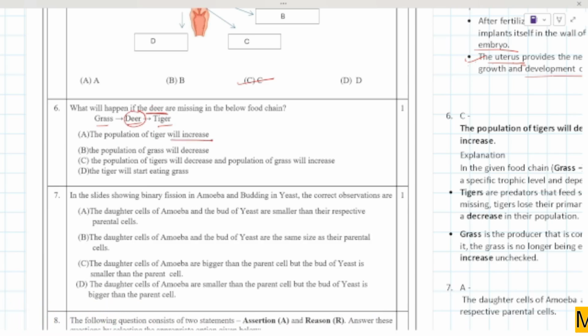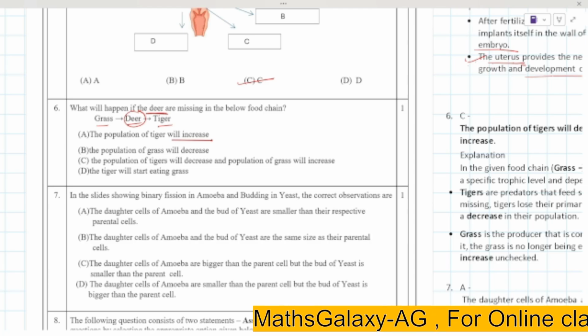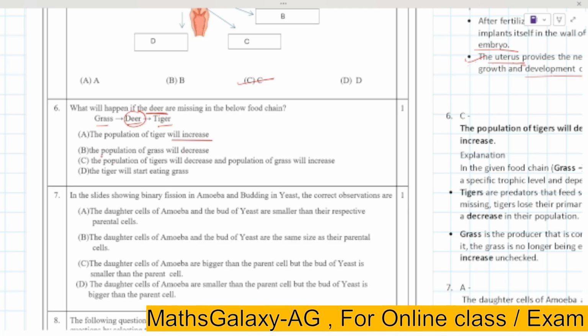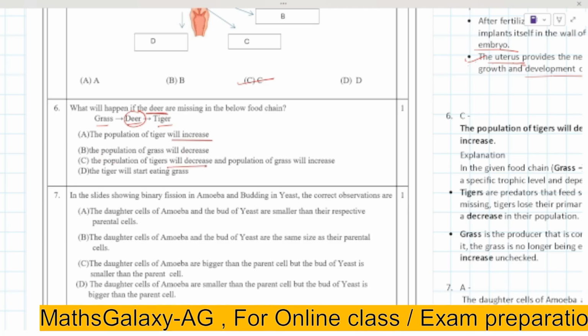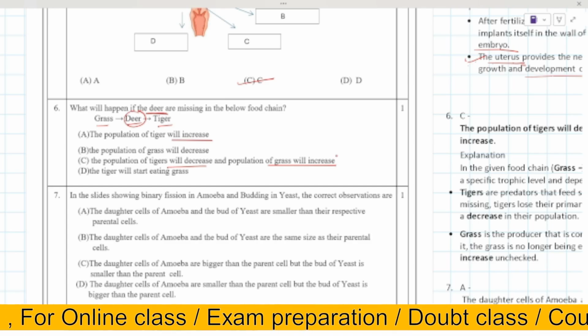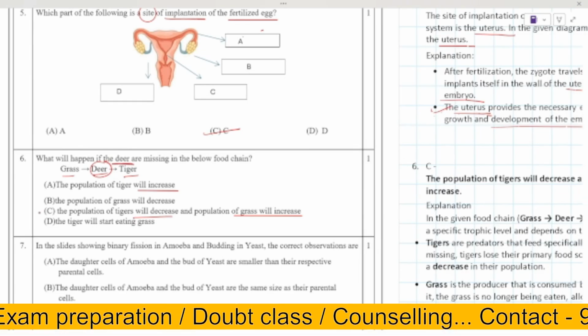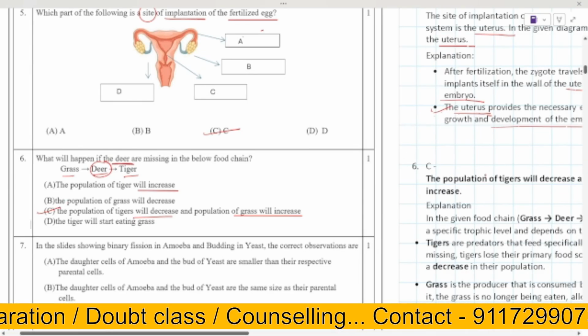Population of tiger will increase? Possible? No. The population of tiger will decrease and the population of grass will increase. Yes, very good, right? According to this question, it will be C, right?